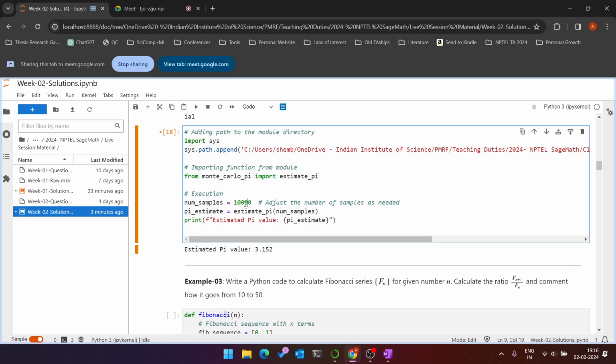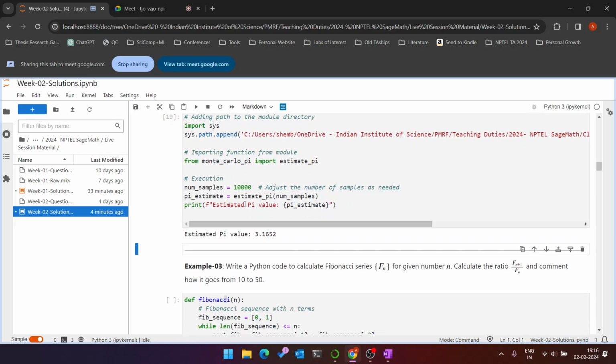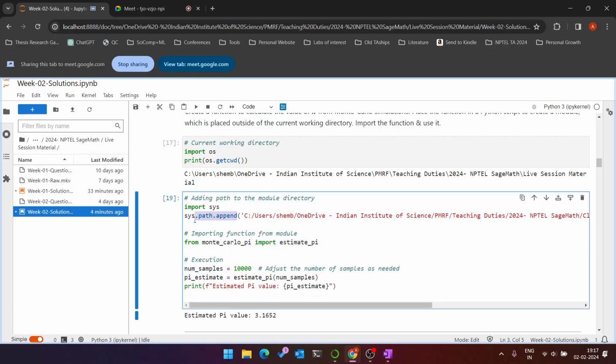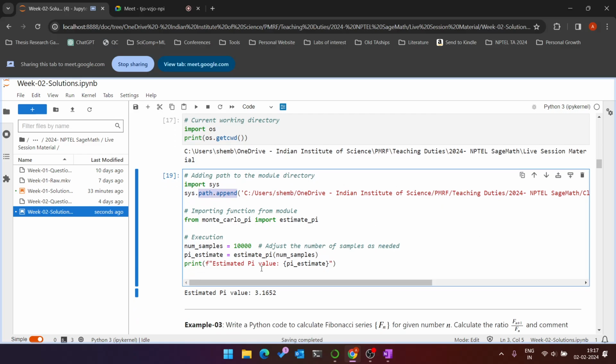If I just change this again. So you could do a similar thing. Suppose you are running a project which has multiple subdirectories involved and you want a specific function from a specific file but do not necessarily want to import all the files associated with it, then you could use the sys path append command to add the module directory along with your current working directory.